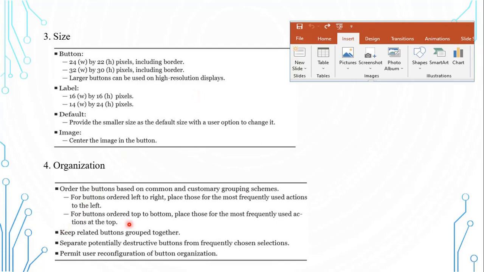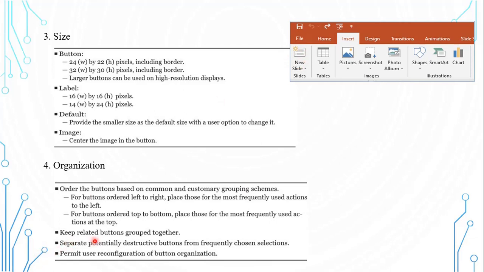And for buttons ordered top to bottom, place those most frequently used actions to the top. So if you are going to follow top-down ordering, you have to place the buttons which have much importance in the top of the screen.